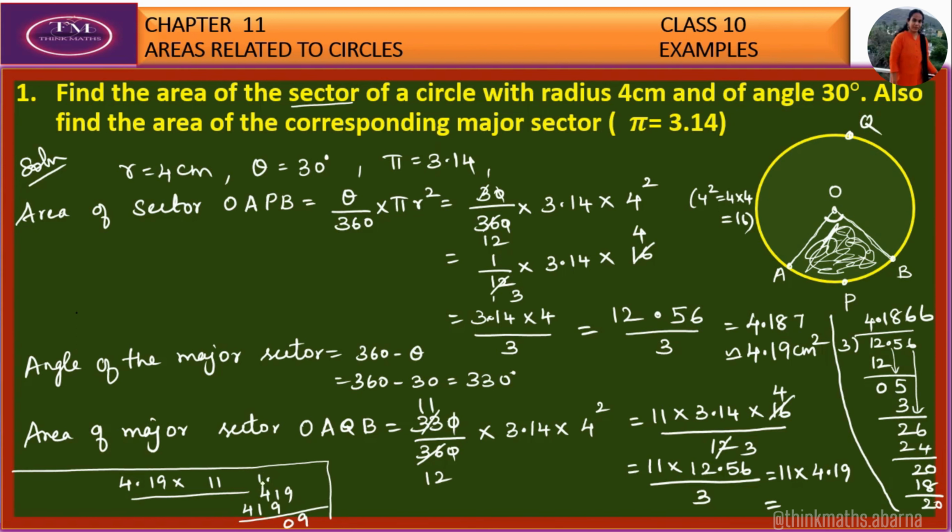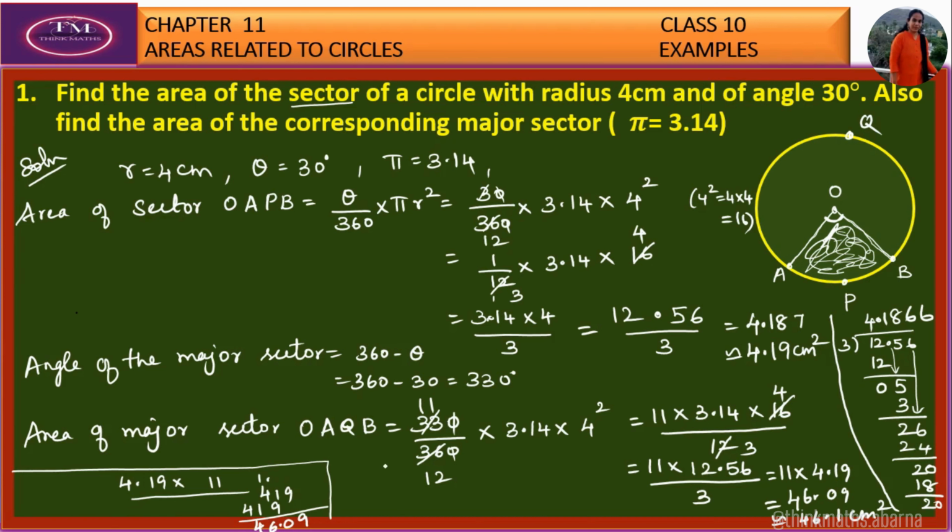Balance 1, 1 plus 4, 5. 5 plus 1, 6. This 4 comes here. How many decimal places? 1, 2. So it is 46.09, or approximately 46.1 centimeter square. So this is the area of the major sector OAQB.